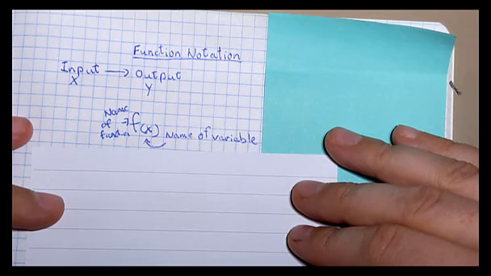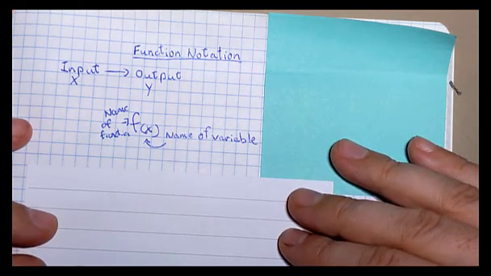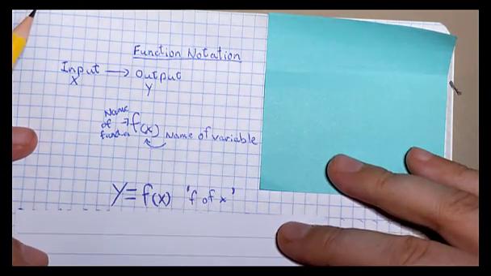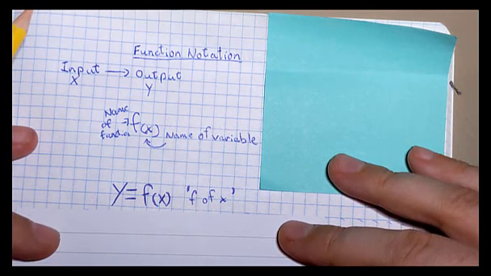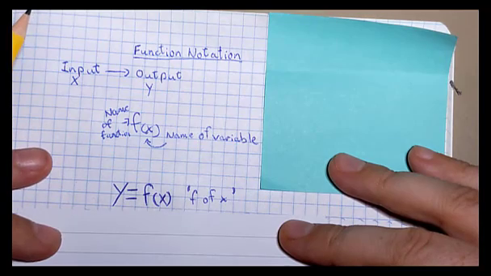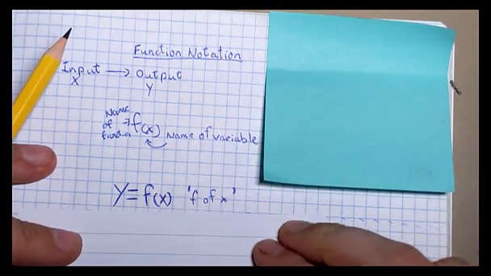Sometimes just using y over and over again, you want to identify a specific function. So f is the name of the function, and x is the name of the variable. So whenever you see it, there's no need to be scared, because y is equal to f of x. They just say the same thing, just another way of describing the output. And of course, it's pronounced f of x.